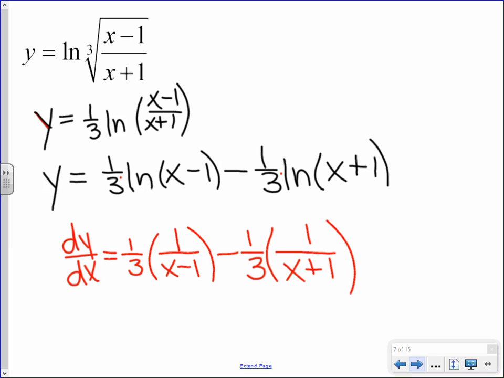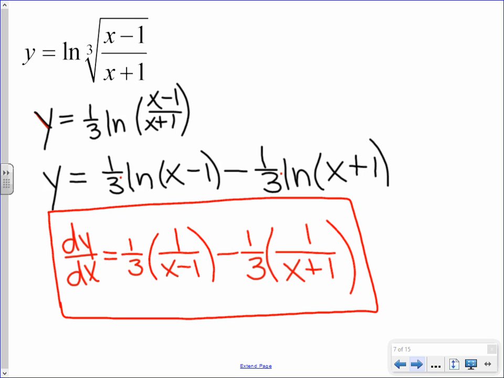Now, if we wanted to make one fraction, this would not be a terrible problem to do. I won't make you. I will let you leave it like this. Keep in mind the book will not leave it like this. They will force common denominators and actually do that subtraction, but it is fine if you leave it like this. Is that much better than having to do the quotient rule?